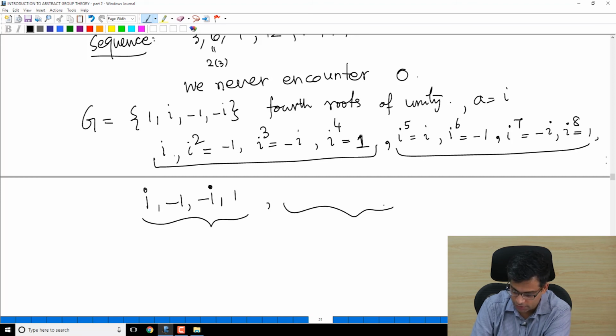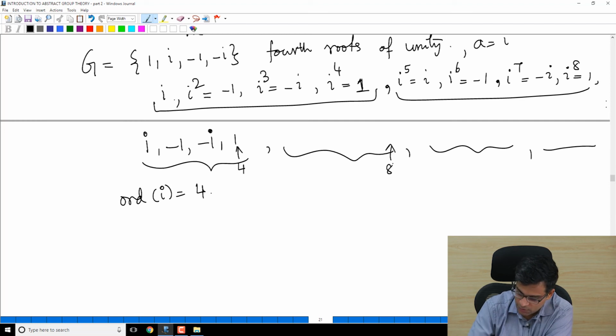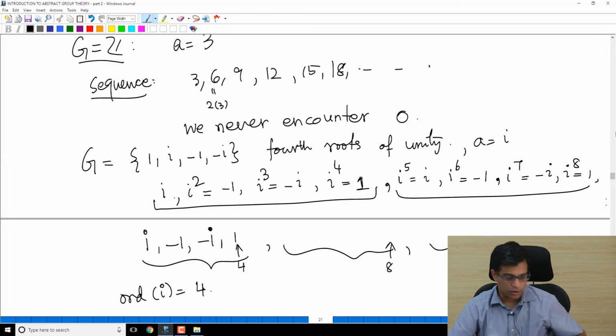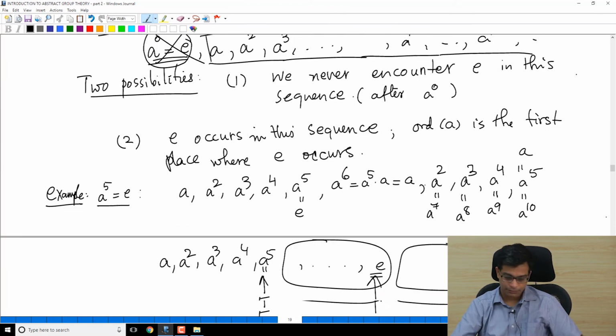You keep repeating this forever, and in particular we know that the order of I is 4 because the 1 is appearing in the 4th spot, 8th spot, 12th spot, 16th spot and so on. So this illustrates the point of this exercise.